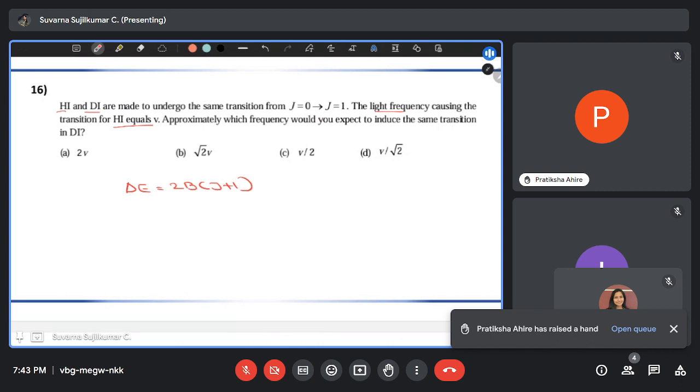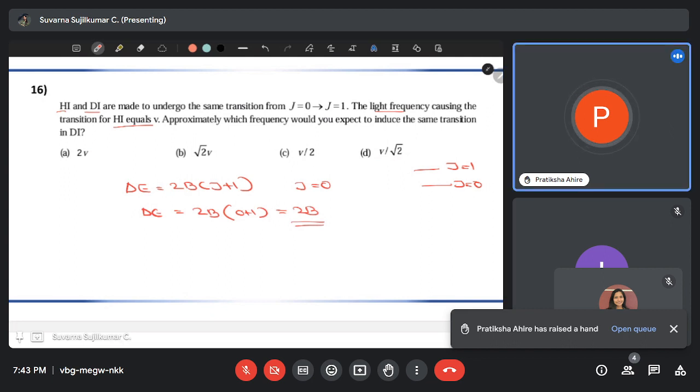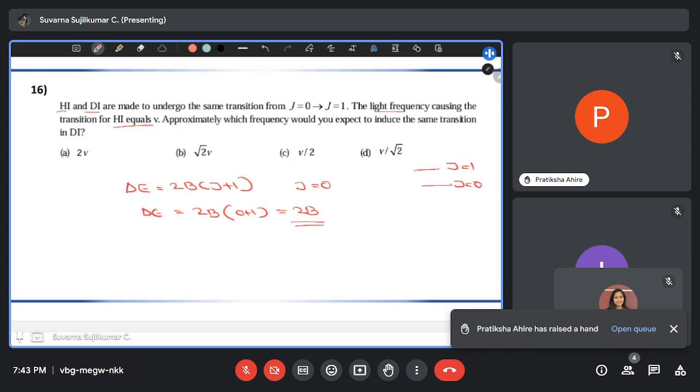Here j is equal to 0, since the transition happened from j equal to 0 to j equal to 1. When we put in the equation, delta E is equal to 2B into 0 plus 1, which is equal to 2B. Clear? Yes, ma'am.